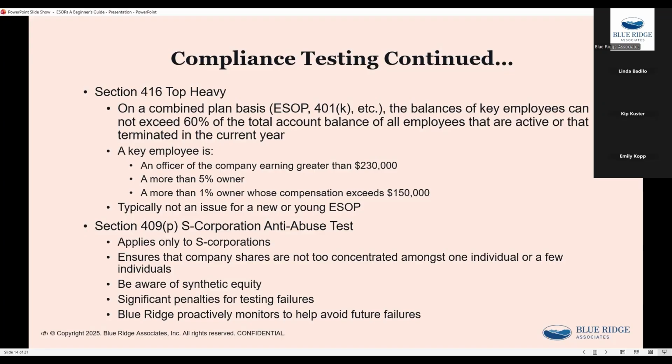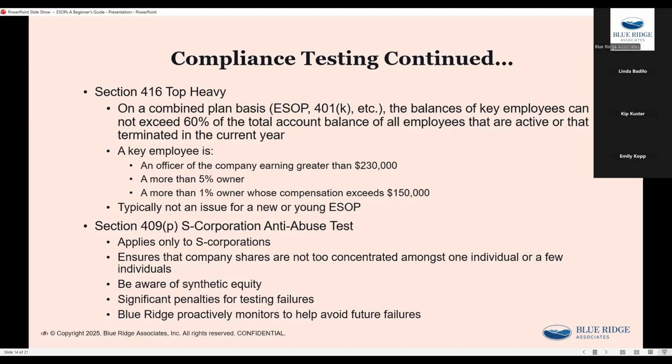This test essentially looks at key employees. So when we're doing compliance testing, we're going to determine highly compensated employees, which is used for non-discrimination testing. And then we determine key employees, which is used for top-heavy testing. So there's a difference between the uses of highly compensated employees and key employees.